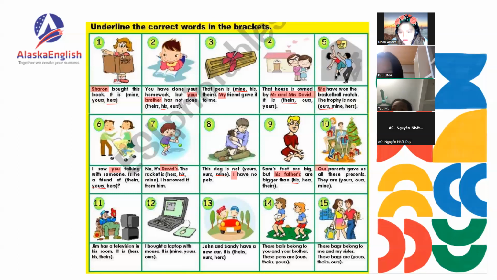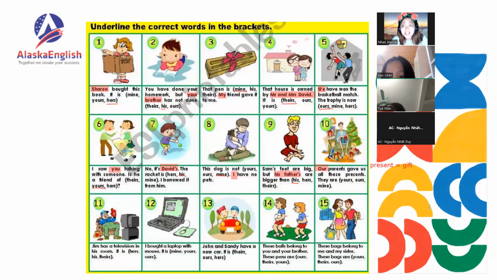Our parents gave us these presents. Can you say these? These presents. When you say present, that is also a gift. That is a noun referring to the gift.